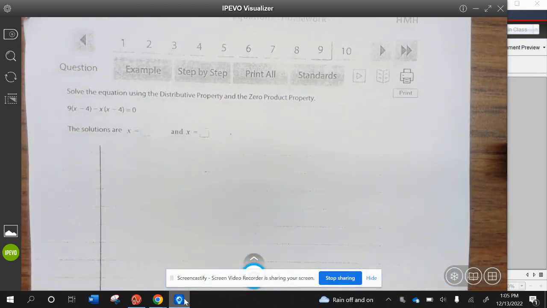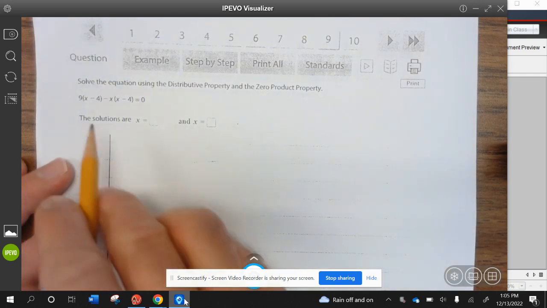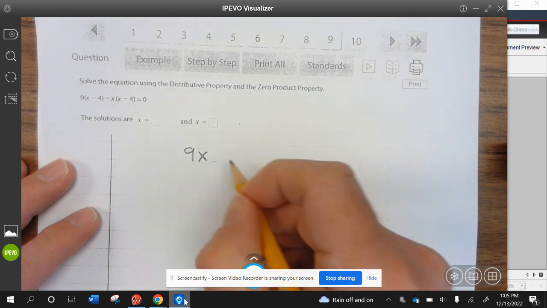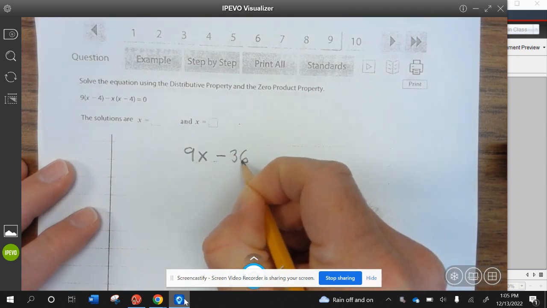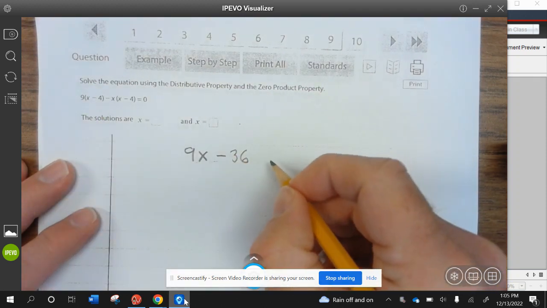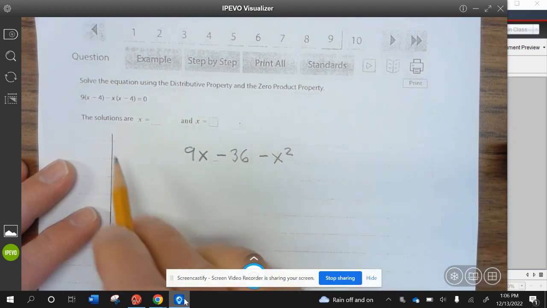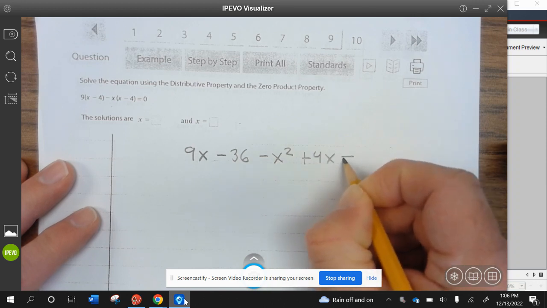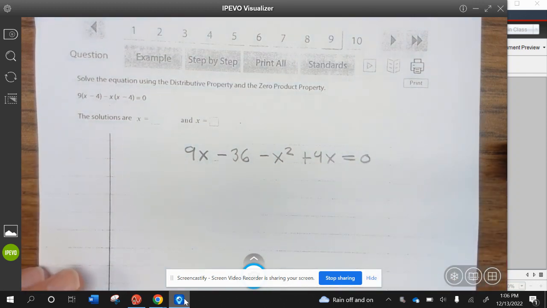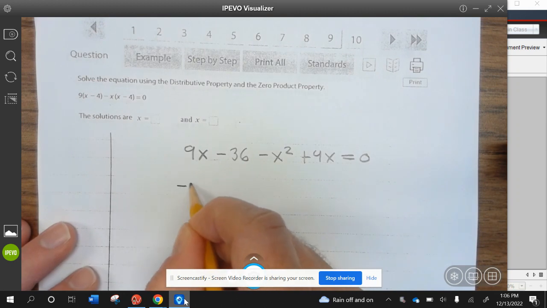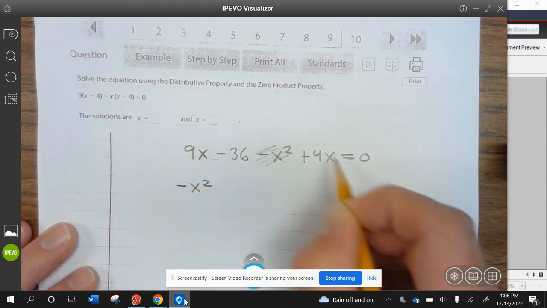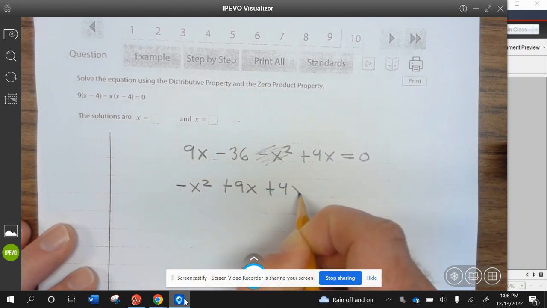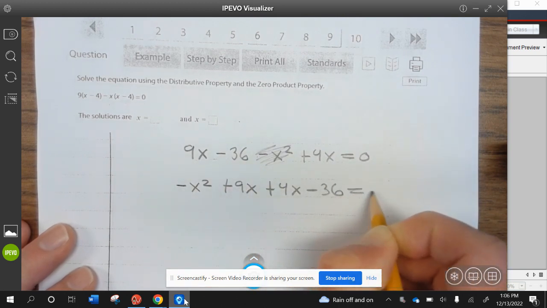All right, solve the equation using the distributive property and the zero product property. So 9 times x is 9x. 9 times negative 4 is minus 36. Negative x times x is minus x squared. Negative x times negative 4 is a positive 4x equal to 0. Now I'm going to reorder this as negative x squared plus 9x plus 4x minus 36 equal to 0.